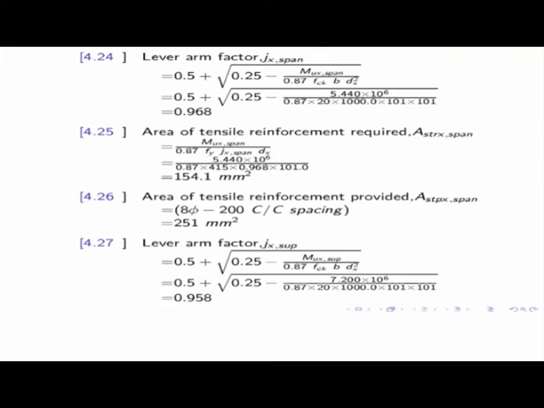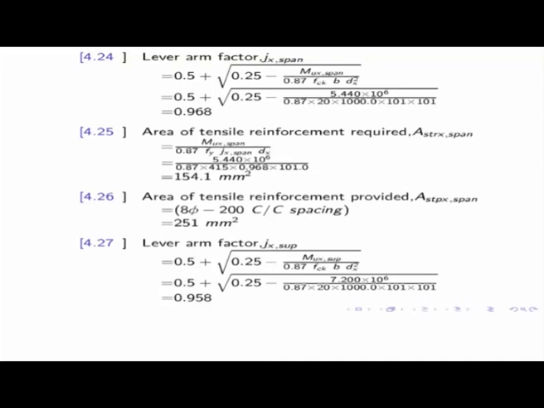So the lever arm factor jx for the x direction span, I am getting 5.44 and 0.968, so I am getting 154.1. I am providing 8 millimeter at 200 center to center, which comes as 251 square millimeter.